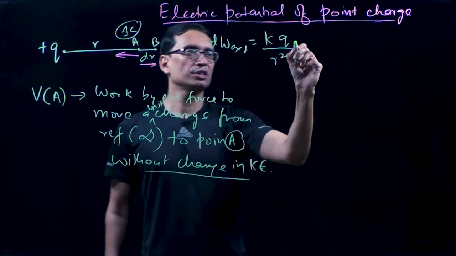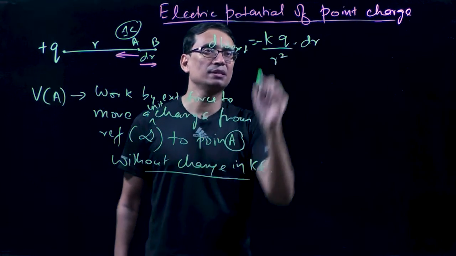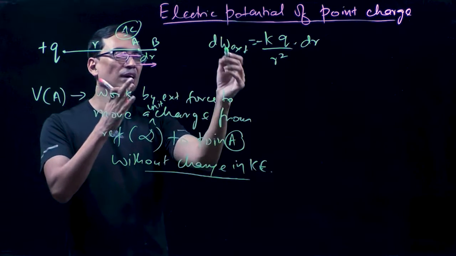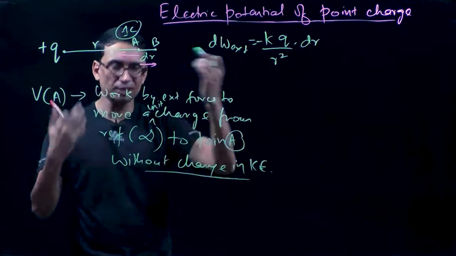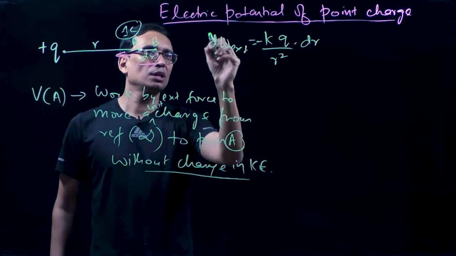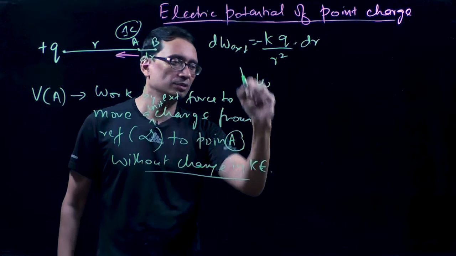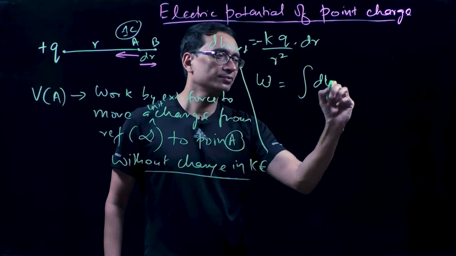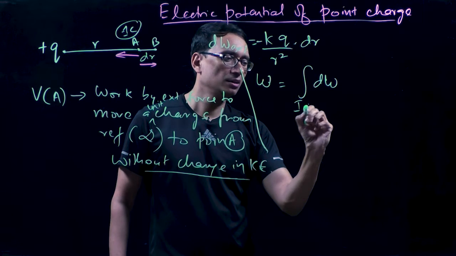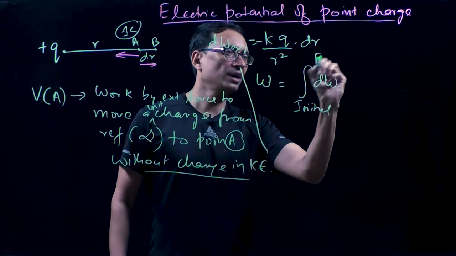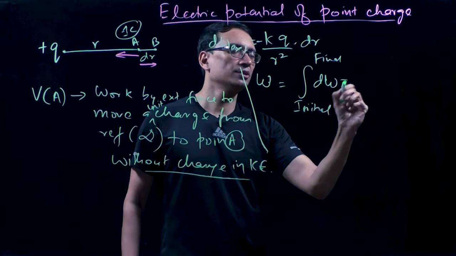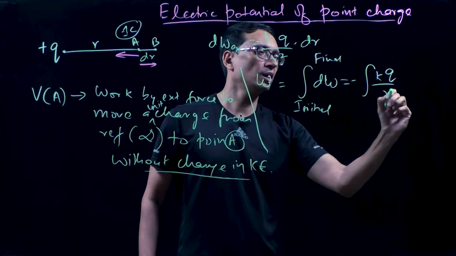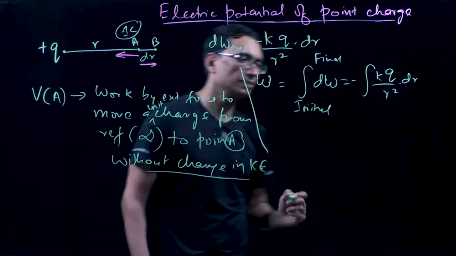Force into dr and minus, correct? Now if I want to find the total work done from point A to point B, the total work done W is going to be integral dW from initial to final point. And this is going to be minus integral KQ upon R square into dr.